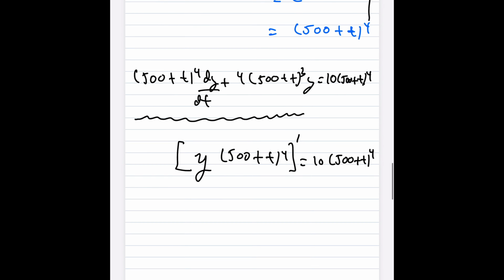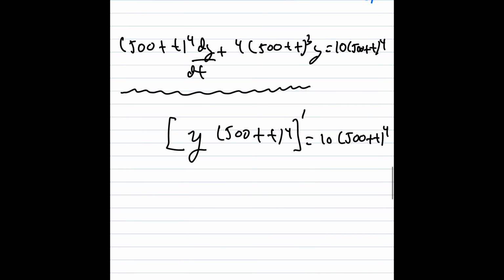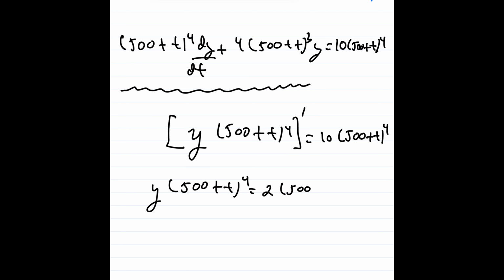Okay, so we're going to integrate both sides. So you have y times (500 plus t) to the 4th, and you integrate the other side, and this comes out to be 2 times (500 plus t) to the 5th power plus c.